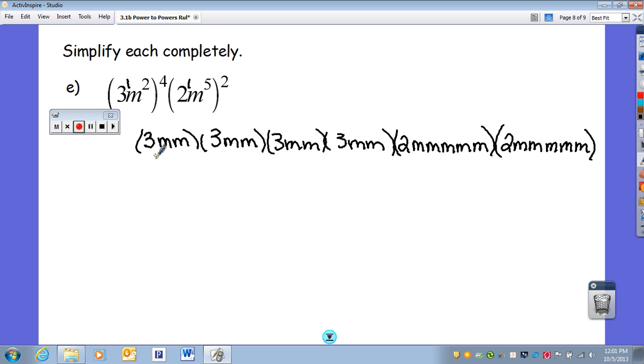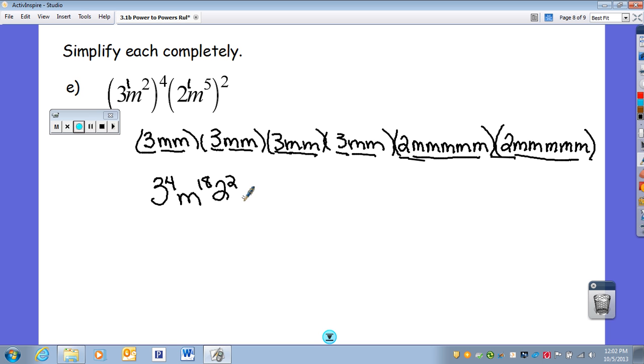So to simplify, I have 1, 2, 3, 4 3's, which gives me 3 to the 4th power. I keep my base of m, and I have 1, 2, 3, 4 groups of 2, so that's 8. And then I have 5 more, would be 13, and 5 more would be 18. And then I have 2 2's, which would be 2 to the 2nd power.